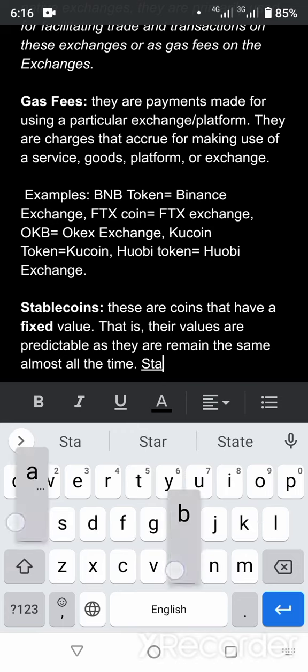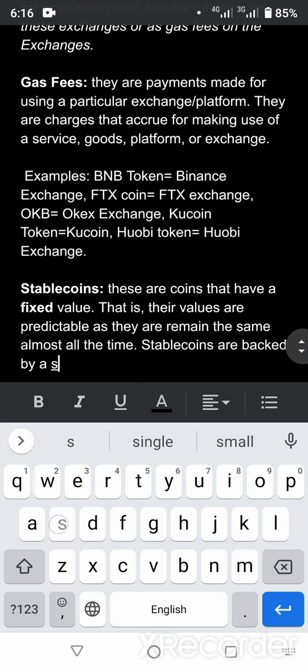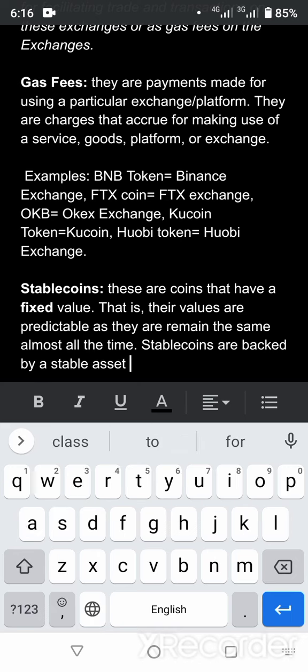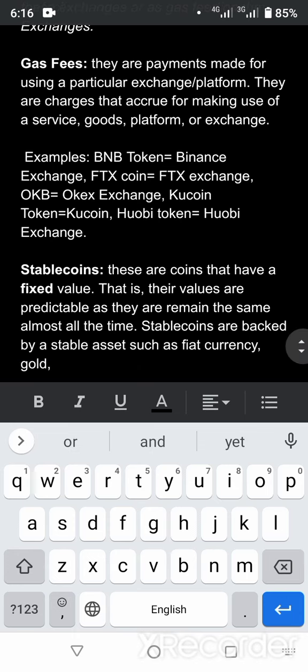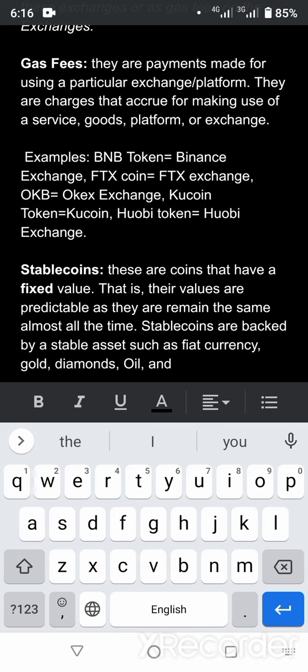Now, stable coins are backed by stable assets such as fiat currencies, gold, diamonds, oil, and in most cases, because it's becoming very rampant of recent, by algorithms, which are smart contracts.